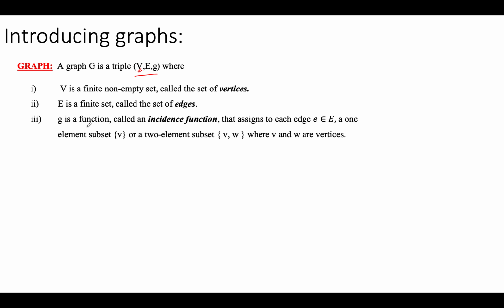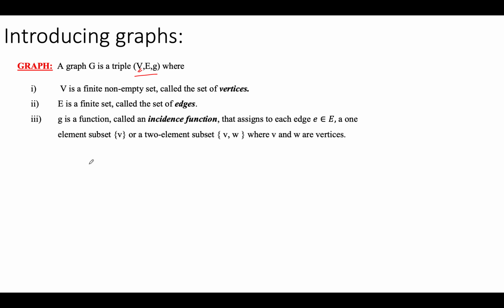G is a function called the incidence function that assigns to each edge a one-element subset {v} or a two-element subset {v, w}, where v and w are vertices. Now, this summarizes the concept that a graph is a collection of vertices and edges.